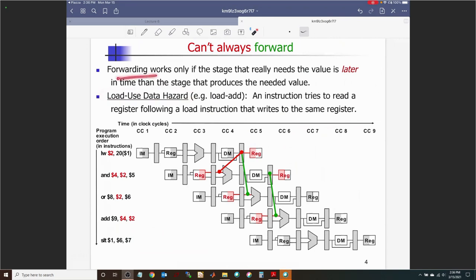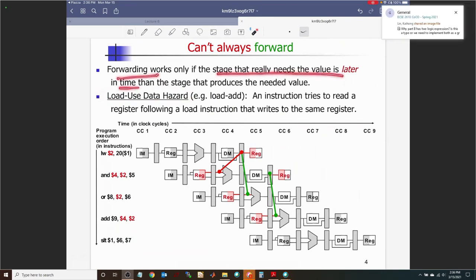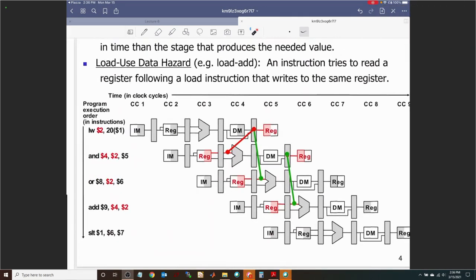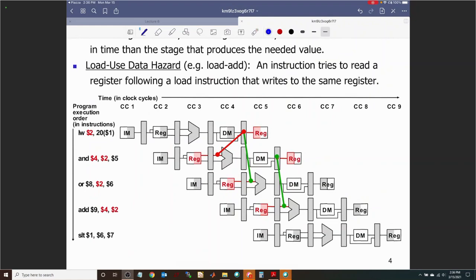Forwarding is only going to work if the stage that really needs the value is later in time. So if we look at the add instruction, suppose instead of this load word, we had an add instruction, and we were trying to write something to the second register.